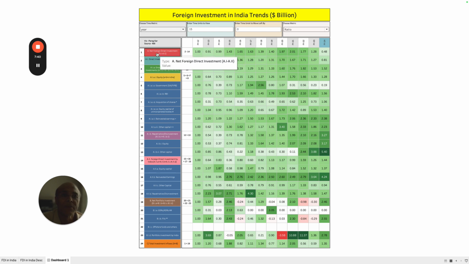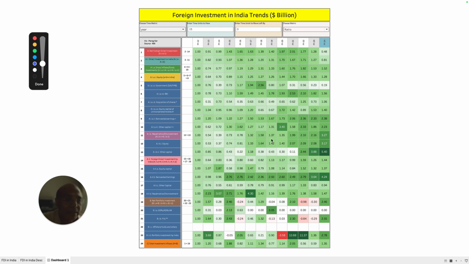For example, net foreign direct investment in India in FY13 has been 0.19 times of what we saw in FY12. Similarly, in FY14 it is 0.99 times, and then it increased up to 2.10 times in FY21, and in FY24 it is 0.48 times what we saw in FY12.